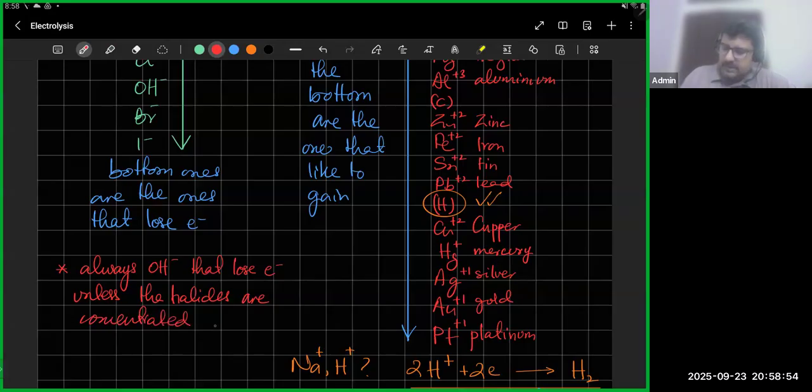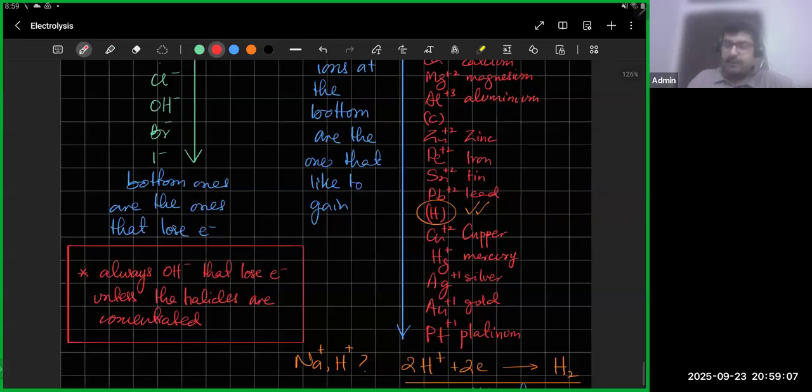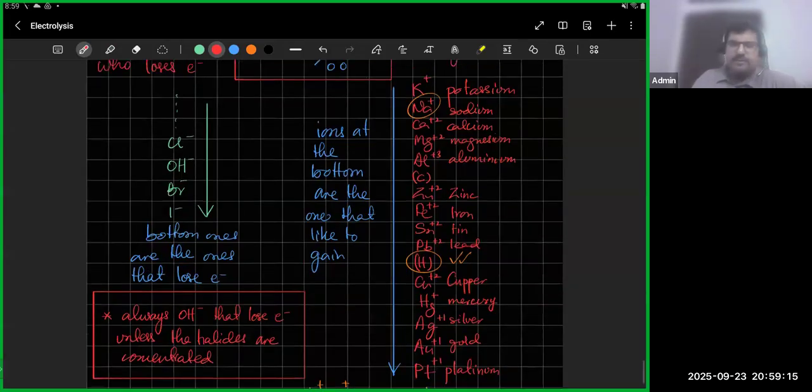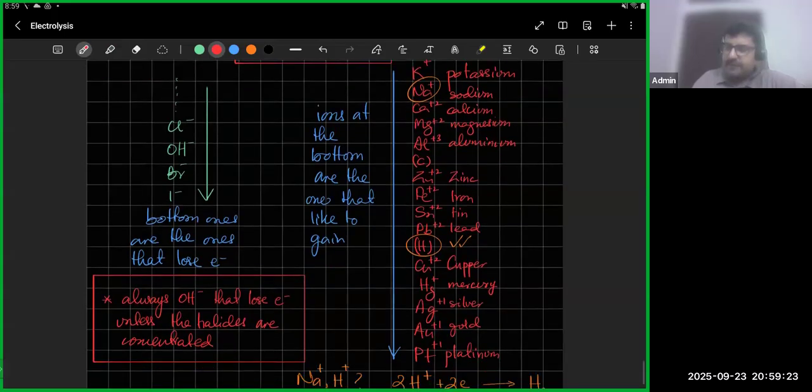So you don't have to remember the entire series. Just remember it's always OH minus one that you select, except if the halides are concentrated. Halides are Cl minus one, Br minus one or I minus one. It would be good if you do remember the series, but this statement is sufficient.